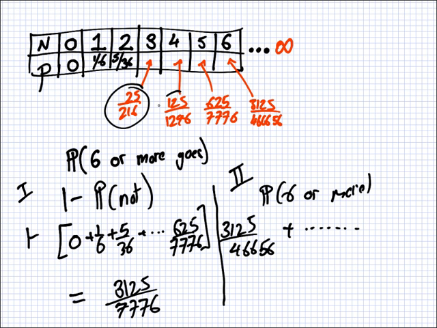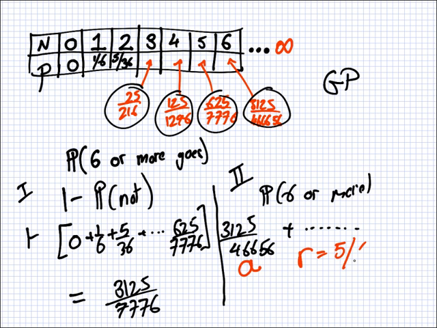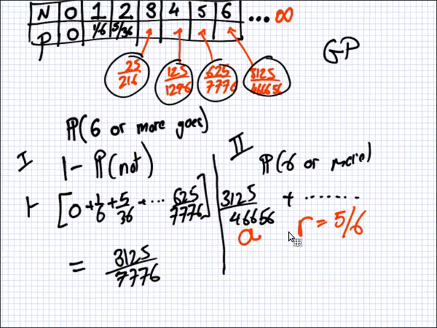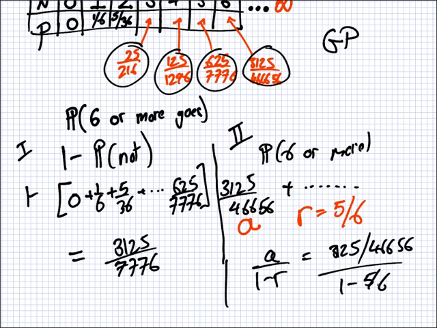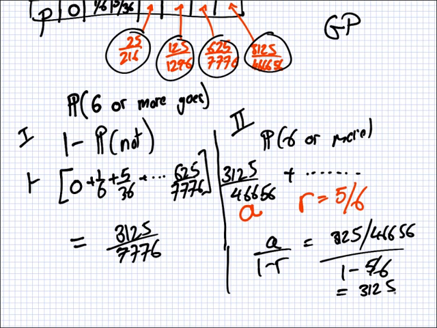If you look at the numbers here, they actually form a geometric progression where the A is this guy and the R is 5 over 6. So you could use your formula A over 1 minus R. So that would be your 3125 over 46656 over 1 minus 5 over 6. And that would be the same answer, 3125 over 7776.